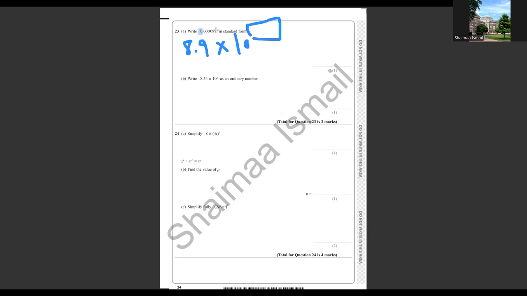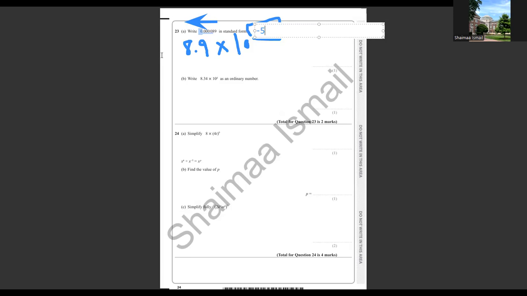Let's count. It will be negative because we're going to move to the left side. Let's take the 8 here. We're going to move 1, 2, 3, 4, and 5 places to the left. As we move to the left, we have to make it a negative power.